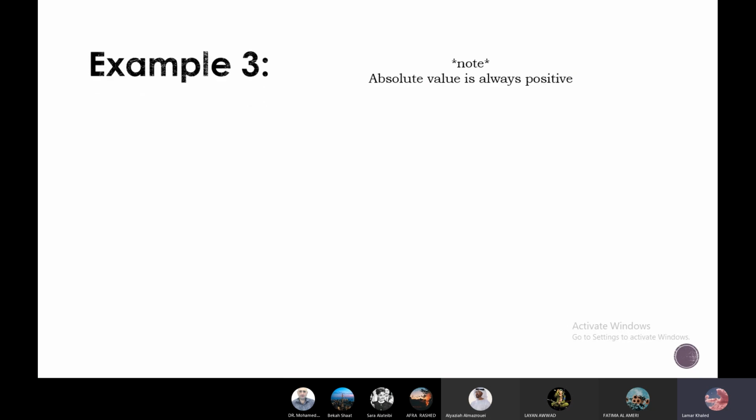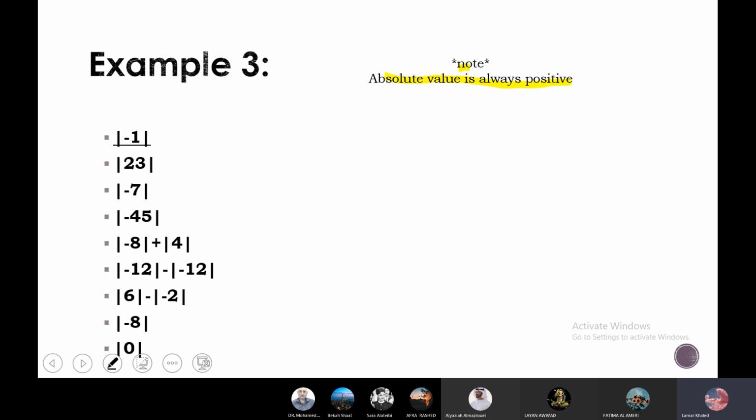Here we have example 3, and as I told you, absolute value is always positive. We have a couple of examples here. Layan, can you tell me -1? The absolute value is positive 1. Okay. How about 23? 23 will be the same. Thank you.